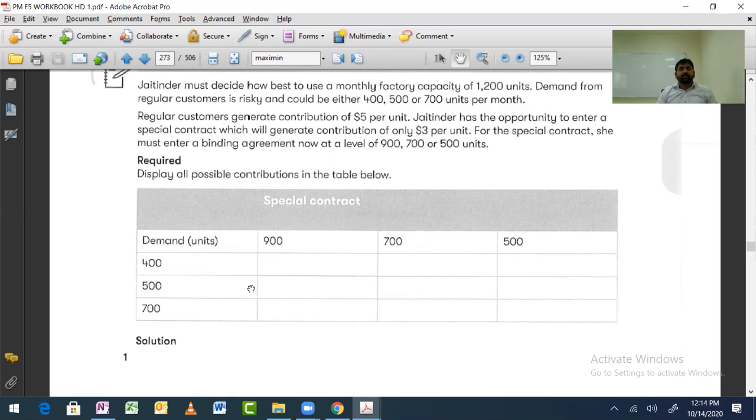Keep that in mind. So if you take this contract for 900 units, then you are left with how much spare capacity?